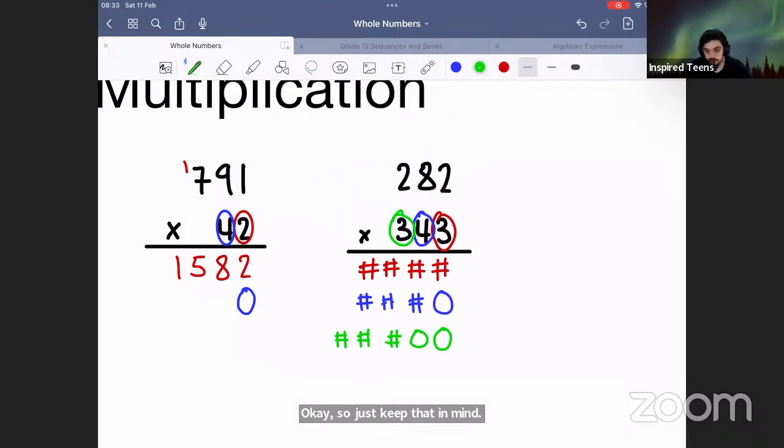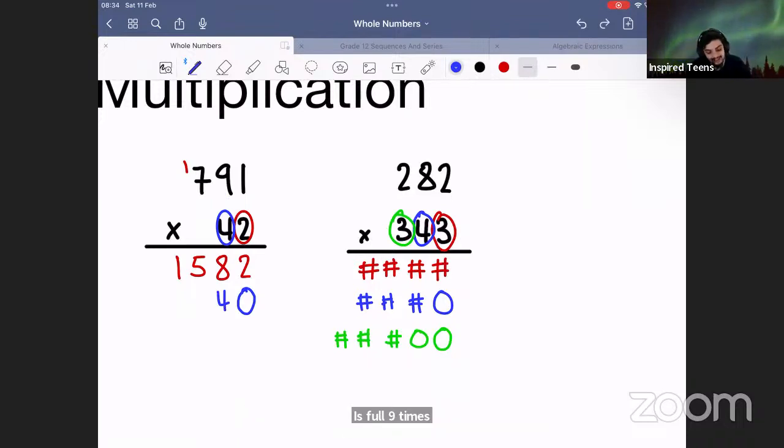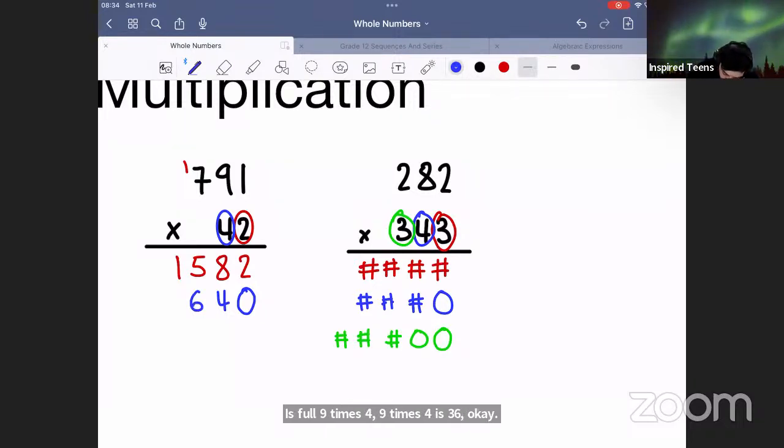So in this case, we have a two-digit number. So for the second digit, we have to add the additional 0. Then we can do our multiplication. So 1 times 4 is 4. 9 times 4 is 36. Okay, so that's a two-digit number. So I write down my unit. And remember, this one was for the previous number, so we can scratch that out now.